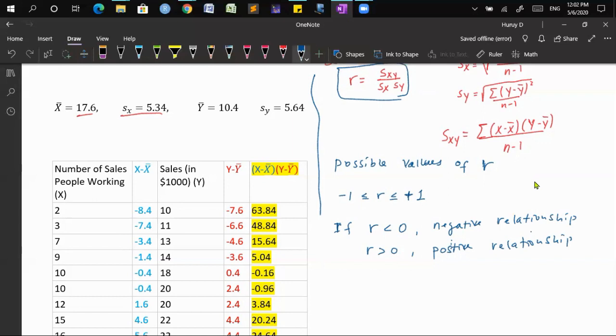Now, how about the strength? I mean, when do we say it's strong? When do we say it's not strong?